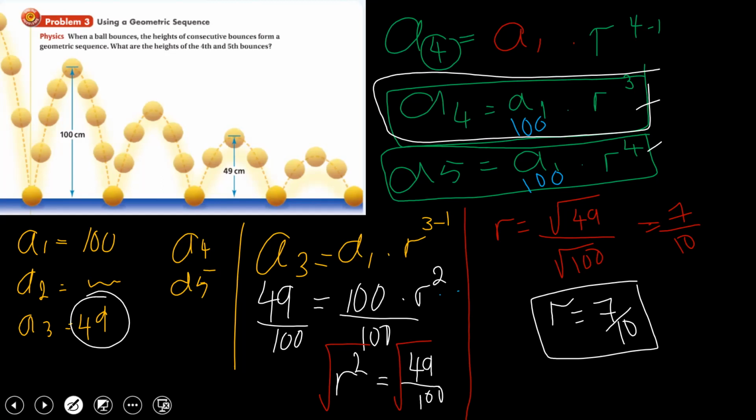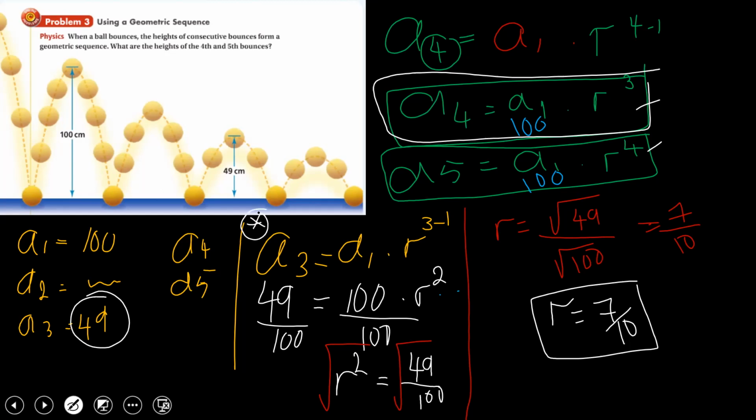And r is a common ratio. This common ratio comes from dividing two consecutive terms by each other. But here there are no terms that follow each other. So what I have to do, I will write another equation.